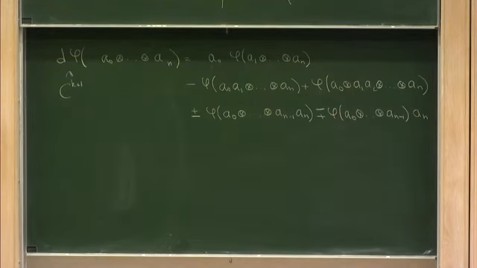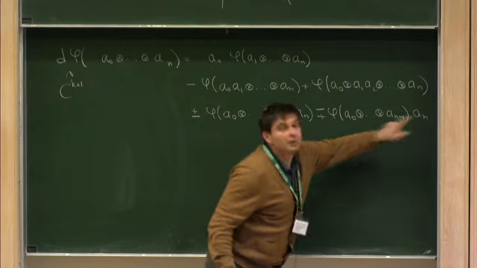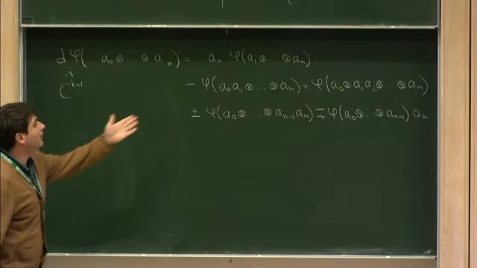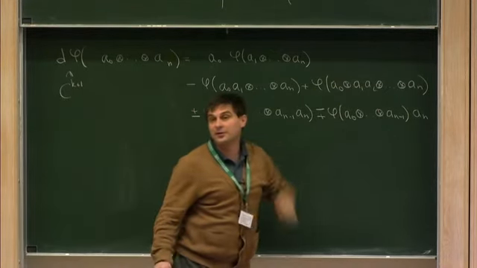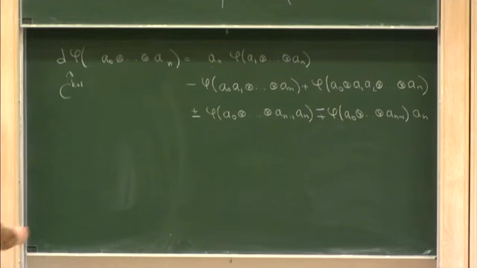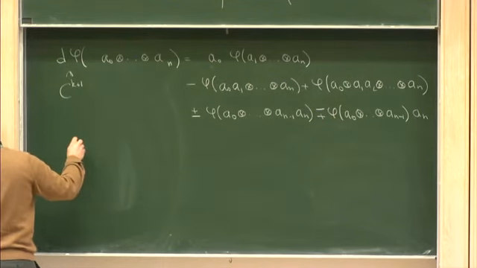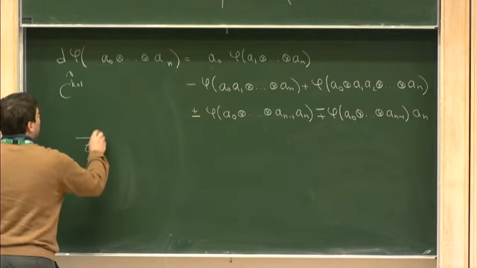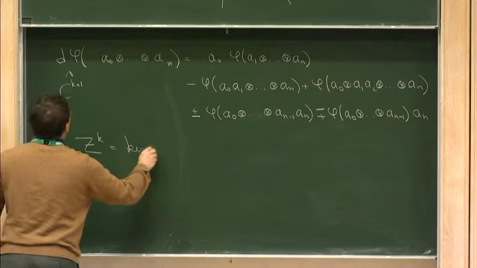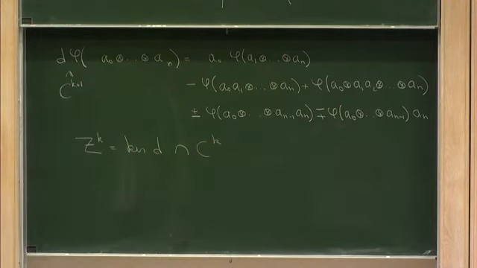So here I'm using the bimodule structure twice, here and here, for the left and right action, and in between I'm using the algebra structure to multiply things together. And then, of course, what one does is one calls Z^k the kernel of d inside C^k, the space of closed elements.